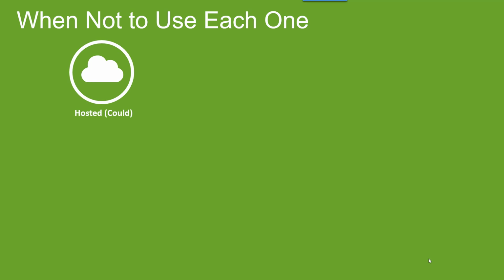When not to use each one. With the hosted agent, if you have a large code base which takes a long time to download, when you run the build it has to download a huge source code, which will take a very long time. Just imagine you have a monolithic application and you make a very small change.